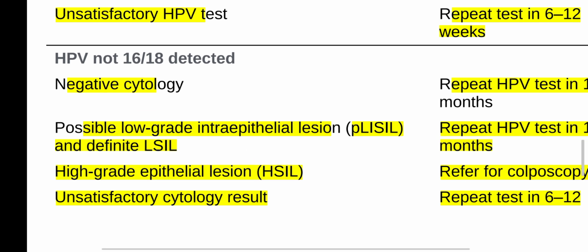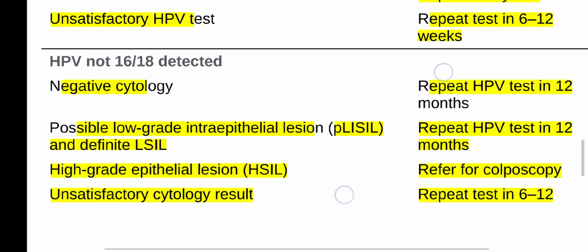Now what if it shows HPV but not 16 and 18? Remember, 16 and 18 are the high-risk HPV types. If the HPV test is positive, but 16 and 18 are not detected, other HPV viruses are detected in the screening results.